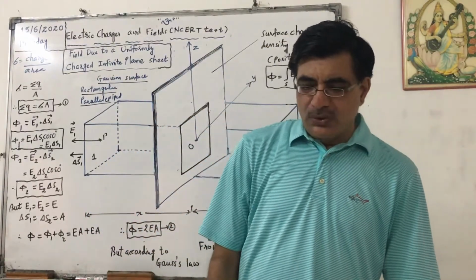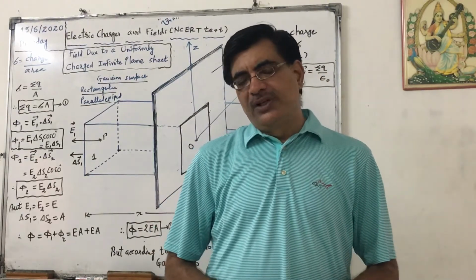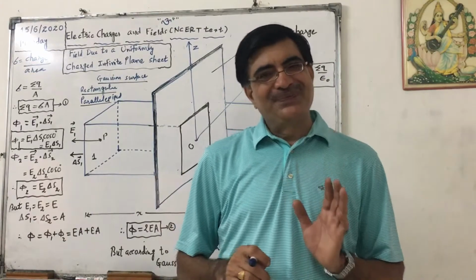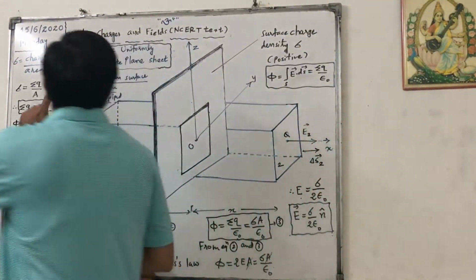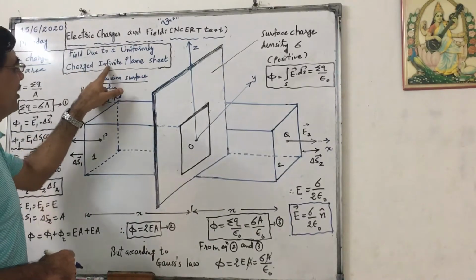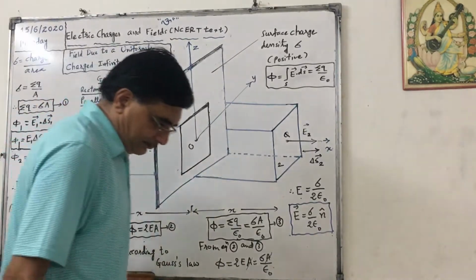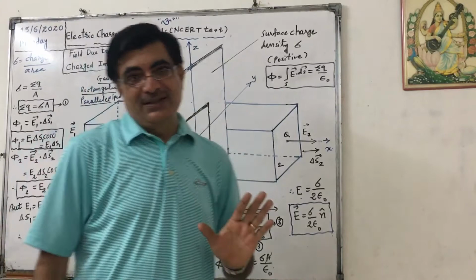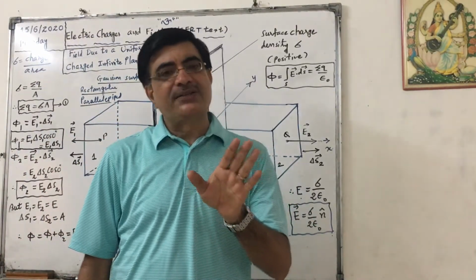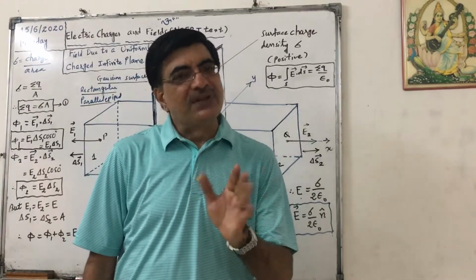Now we are going to discuss the second application of Gauss's law, and that is the field due to a uniformly charged infinite plane sheet. It is not necessary that it is always uniformly charged, but we will consider it uniformly charged for simplicity.